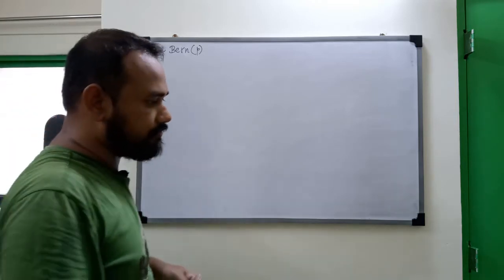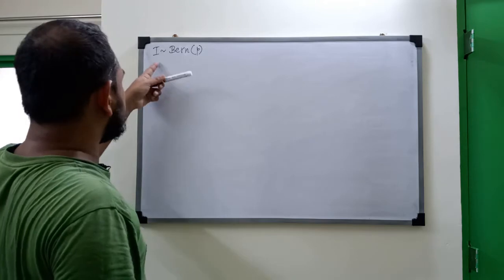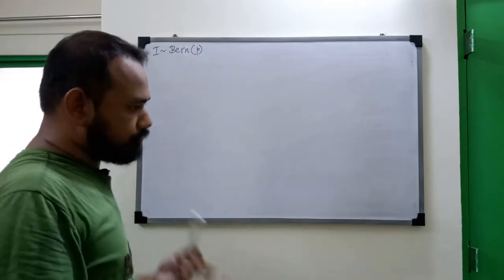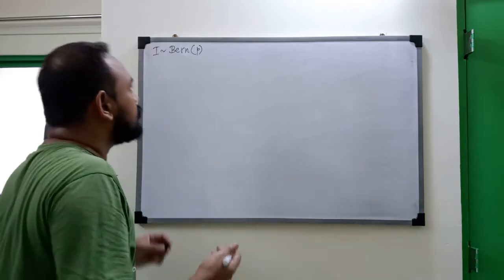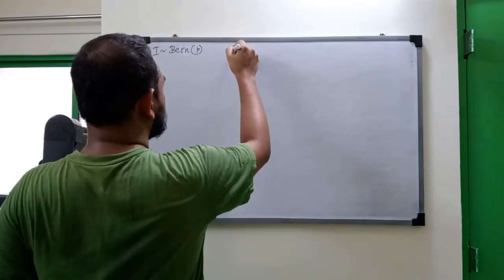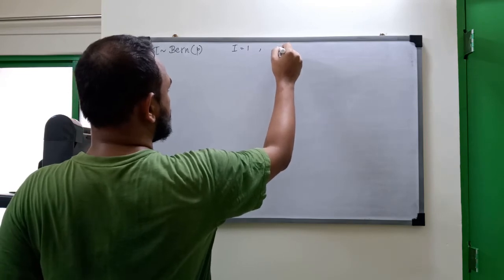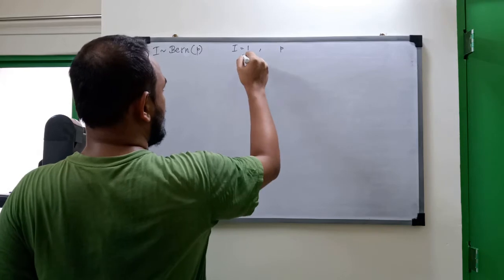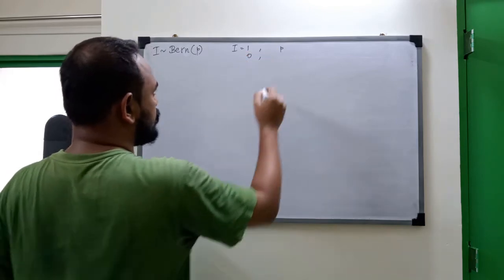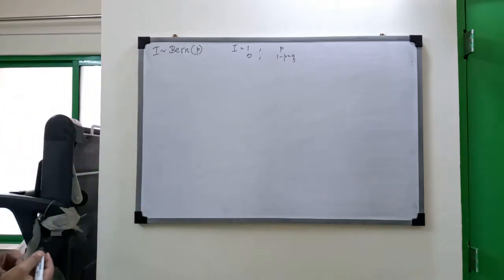It has success with probability P, and takes the value 1 with probability P, and takes the value 0 or failure with probability 1 minus P, which is written as Q sometimes.